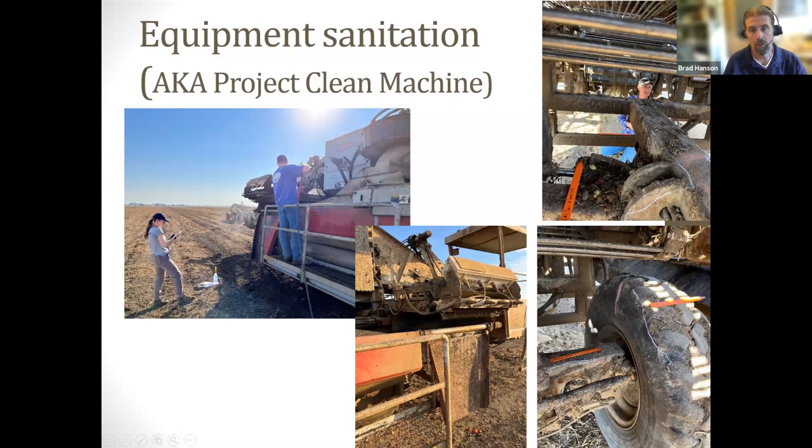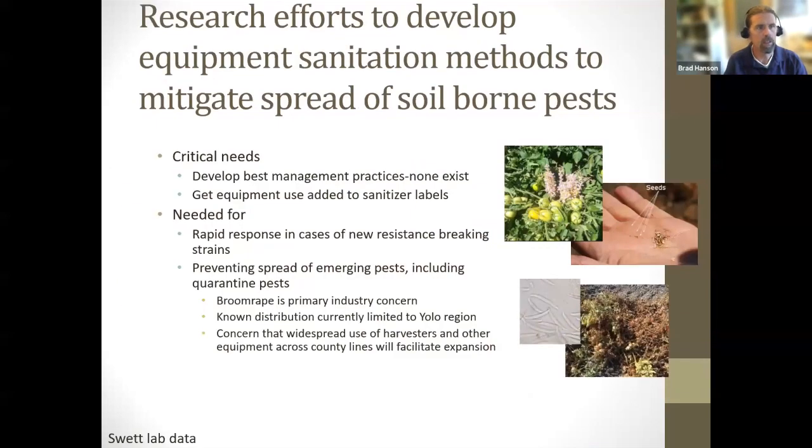So we've been working together trying to accomplish two things here: to minimize the spread of pathogens as well as branch broomrape seed. I'm not going to go too deeply into this slide, but this is really important for a lot of emerging pests. Branch broomrape is a primary concern right now because that's front and center in front of us.